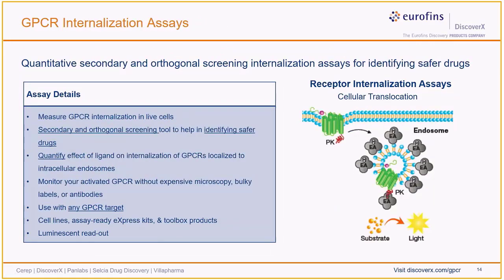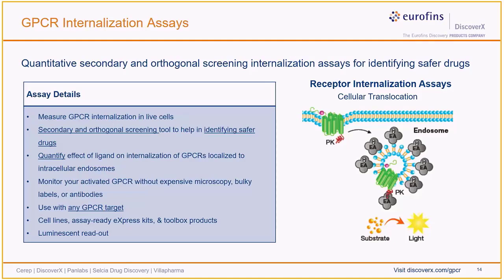All right, the next assay is our GPCR internalization. It's kind of similar to the β-arrestin one, at least one of the flavors or formats of this assay. Like most of the other assays mentioned so far, the GPCR internalization assays are based on the EFC technology.